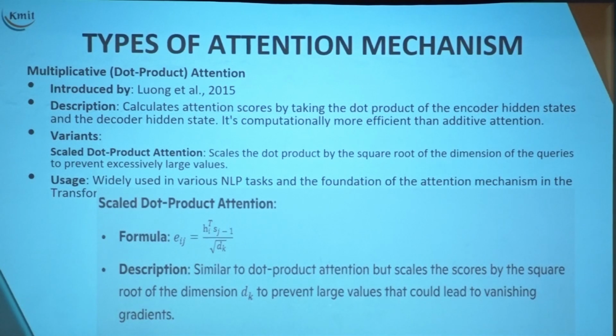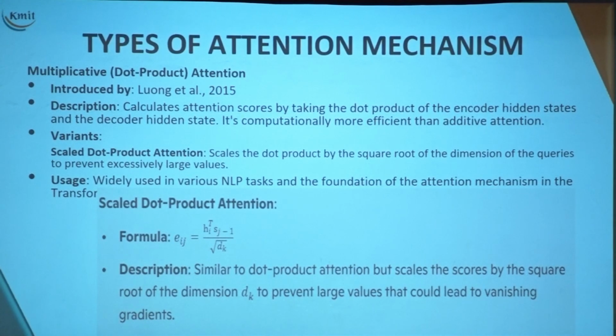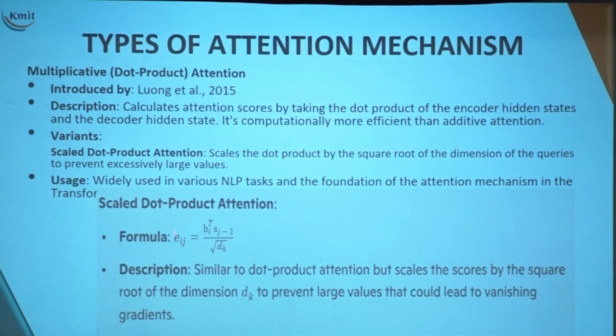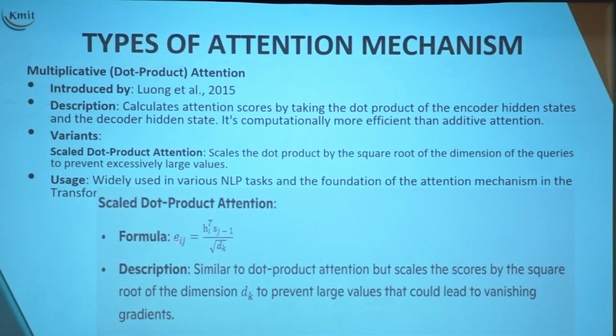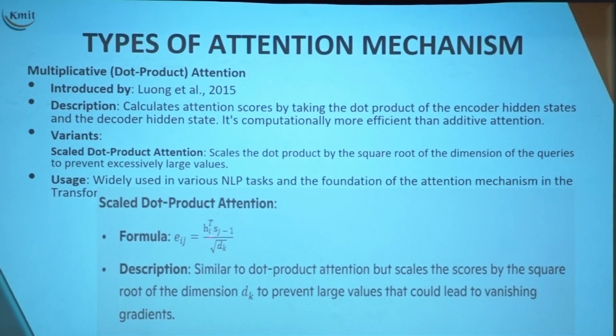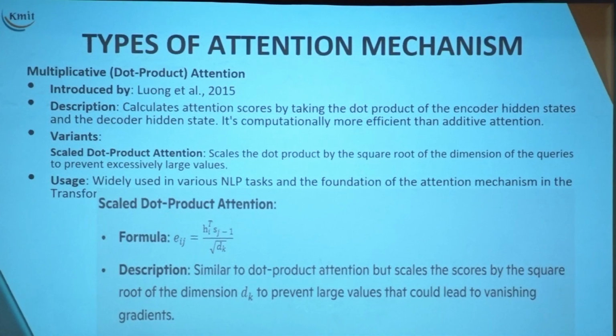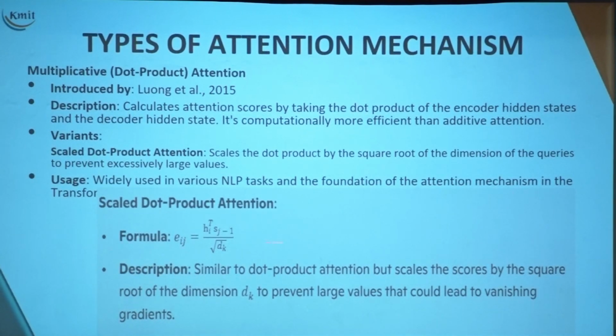Second is multiplicative attention. Its variation is dot product attention, wherein you can see here the hidden state is getting multiplied. And then in the end, you are dividing by the square root of d. What is this square root of d? You are doing scaling. You are doing normalization. That means you are dividing it by the square root of the dimension. Why?